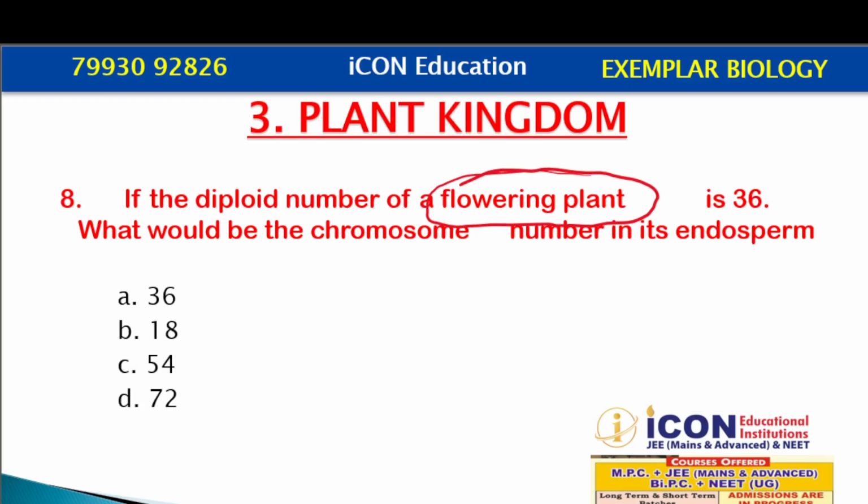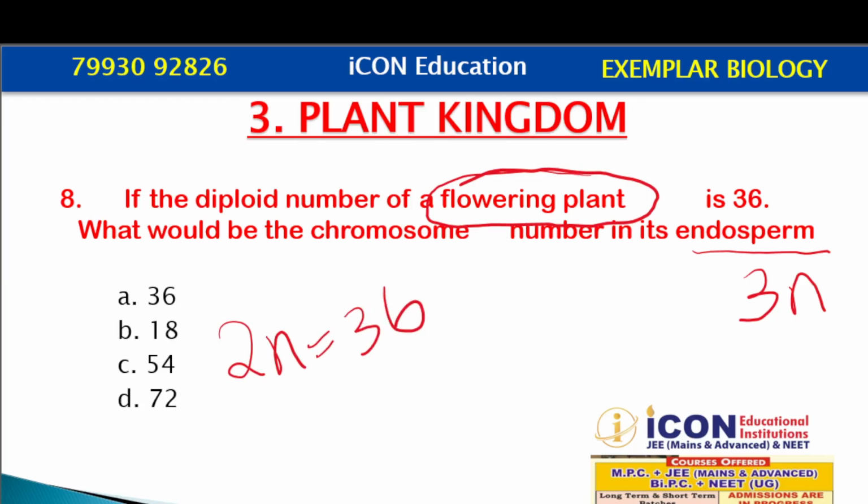Angiosperms, we know that the endosperm is triploid, 3n condition. So they have given that if the diploid number of flowering plant is 36, that is 2n is equal to 36, then what could be the chromosome number in its endosperm?